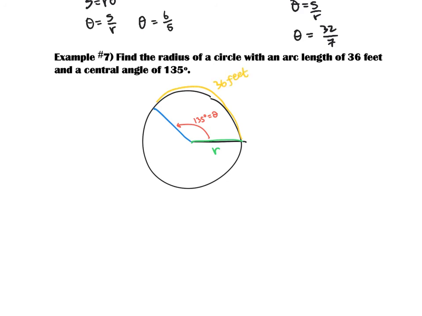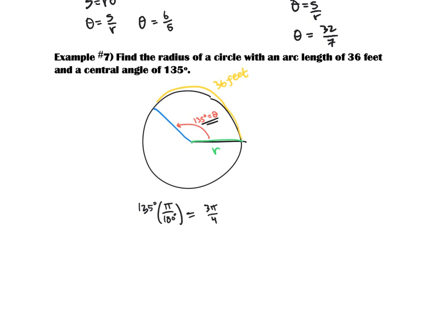It's 36 feet. Now, just recall that we need theta to be in radians. So I'm going to take 135, multiply by pi over 180. You're going to start to get good with converting, but 135 is 3/4 of 180. So I'm going to have 3 pi over 4.